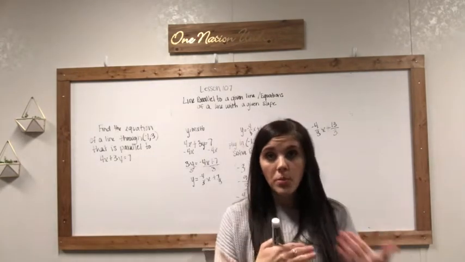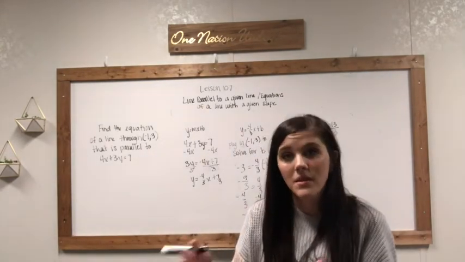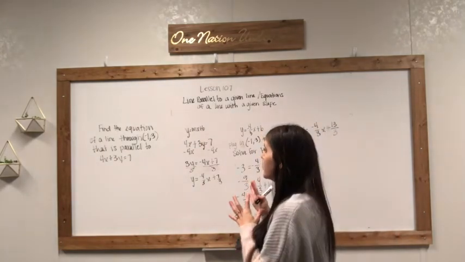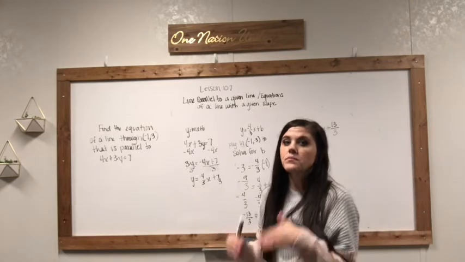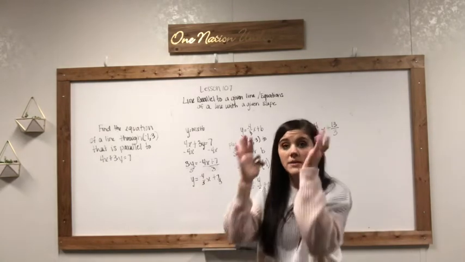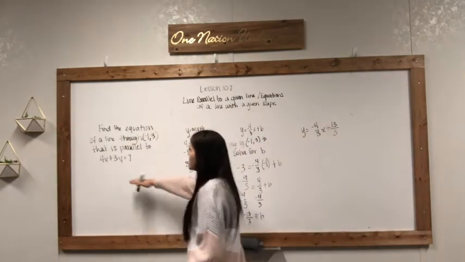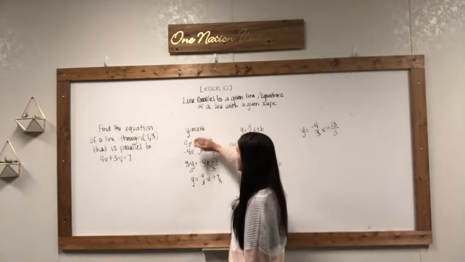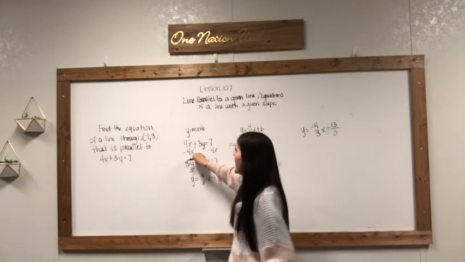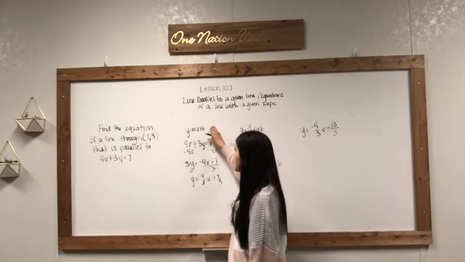So remember, slope-intercept form is y equals mx plus b. So in order to first change it into that form, I've got to isolate the y. Okay, so I want to move everything else to the other side of the equation. I'm trying to change the line that they have given us into slope-intercept form.